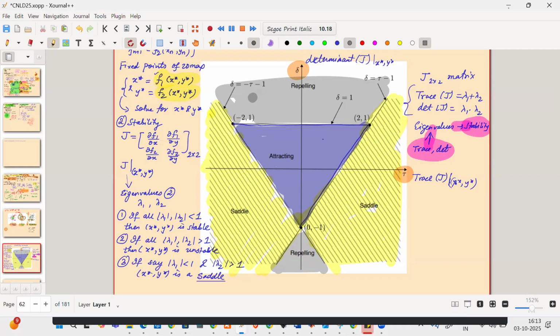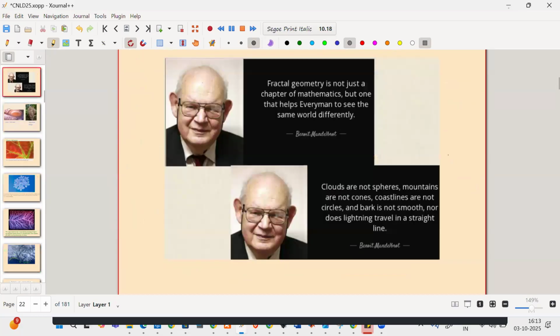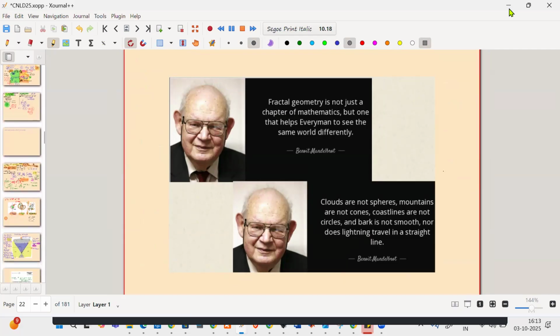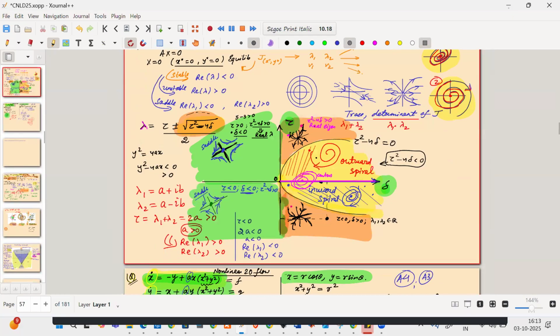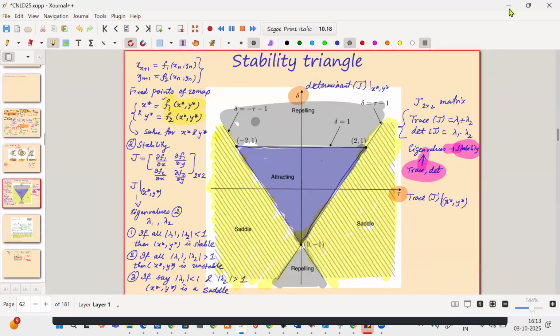Now why have we done this? Because for 2D flows, we did a similar idea. We used trace and determinant there also to understand the stability of fixed points. So for 2D maps also, we can have a similar sort of diagram, which can give us an idea about the stability of the fixed points.